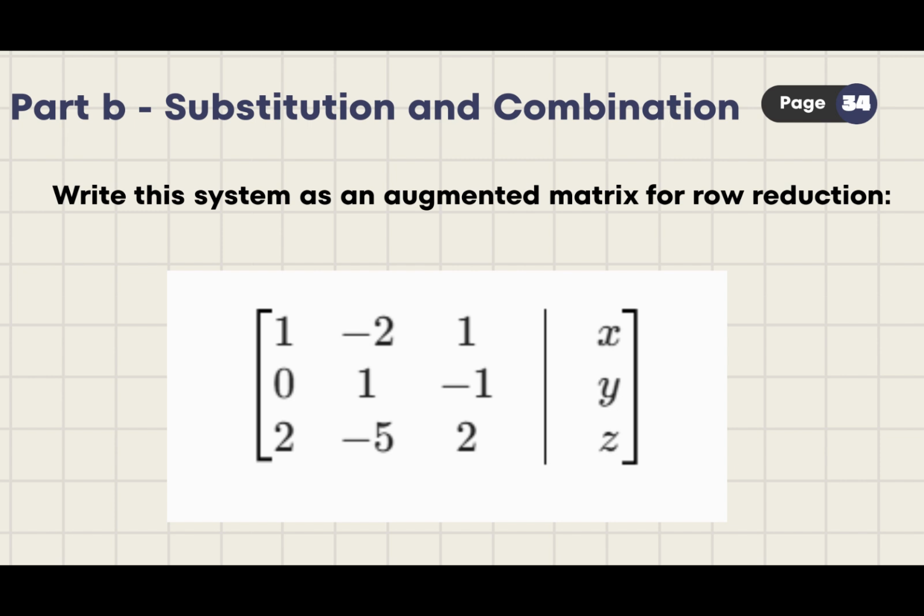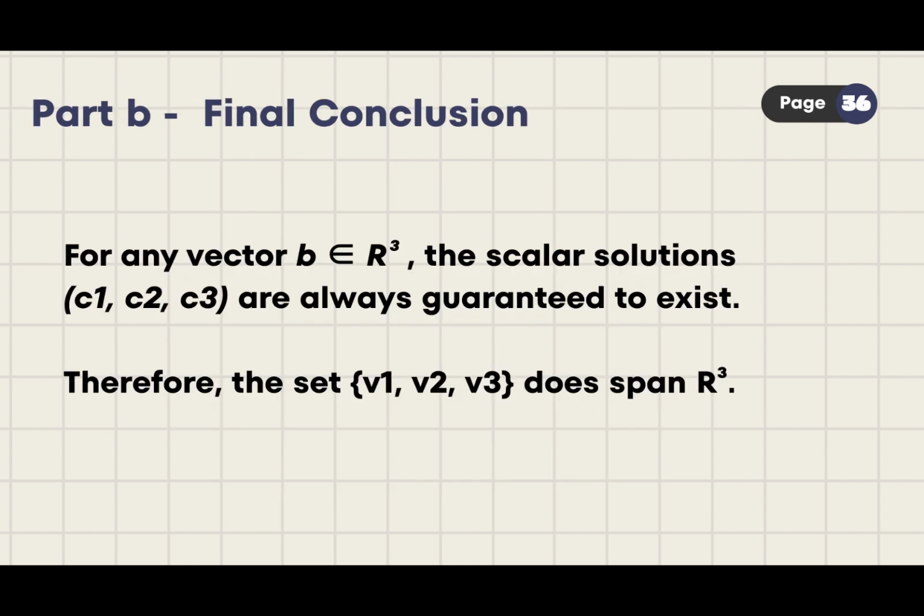Since the determinant equals 0, the matrix is not invertible. According to the determinant theorem, if the determinant is 0, the vectors are linearly dependent. So our final answer is the 3 vectors are linearly dependent because the determinant of the matrix is 0.